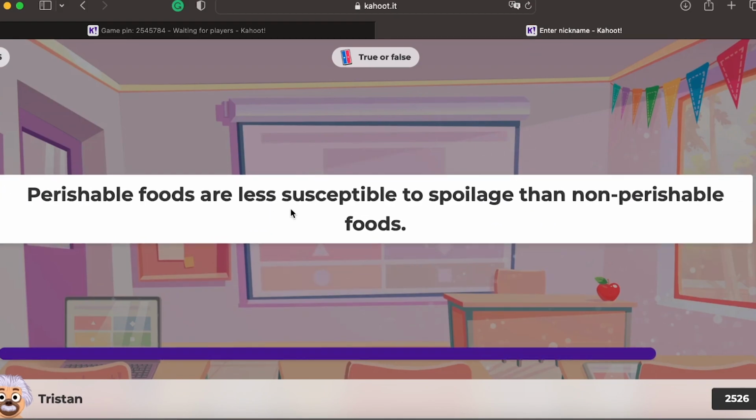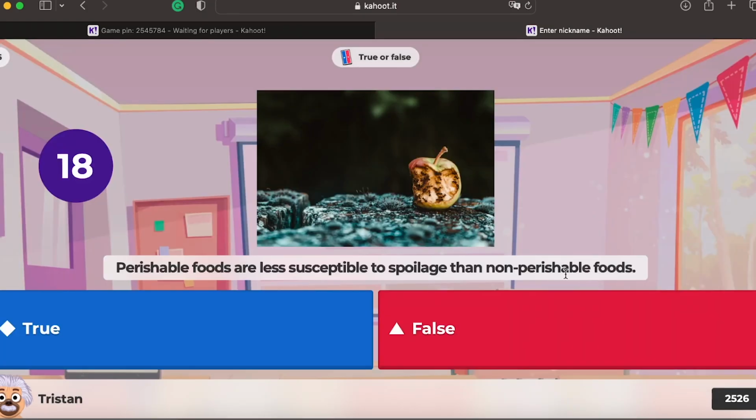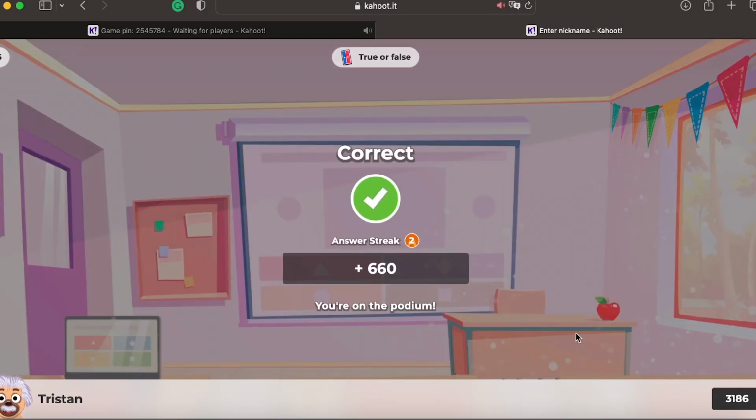Perishable food is less susceptible to spoilage than non-perishable food. I think it's the reverse. Non-perishable food spoils less than perishable, so it's false.